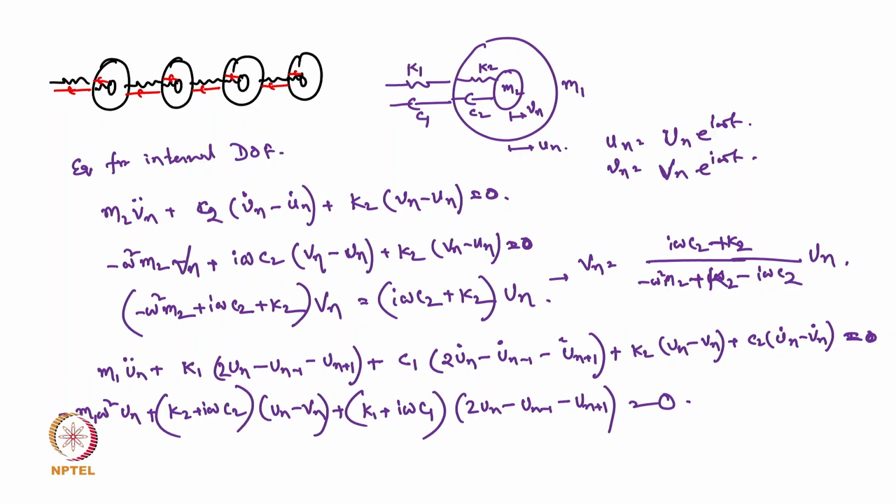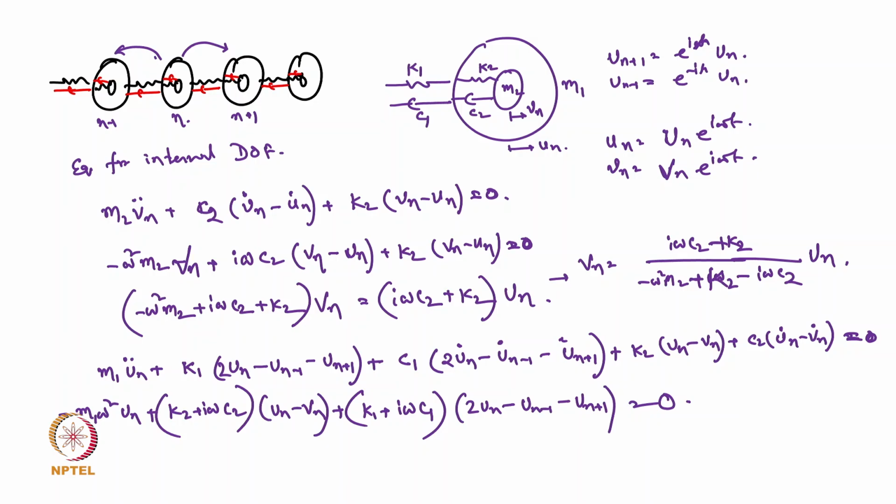And also I hope you guys recall that this is my nth cell, this is my n minus 1 cell, this is my n plus 1 cell, so once we are going here and here, we are able to implement the Bloch theorem. So Un plus 1 can be written as e to the power of i mu times Un, and Un minus 1 can be written as e to the power of minus i mu times Un.